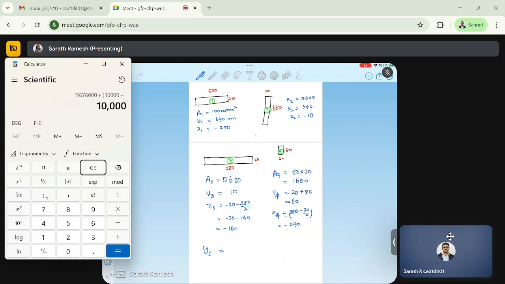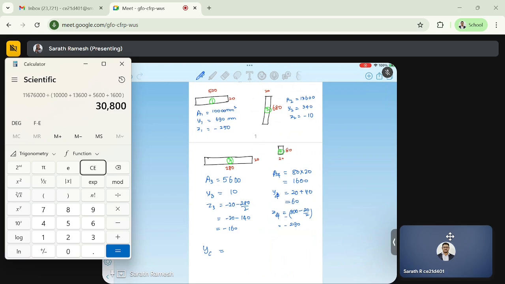10,000 plus 13,600 plus 5,600 plus 1,600.